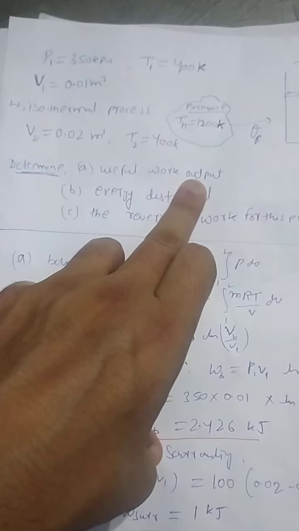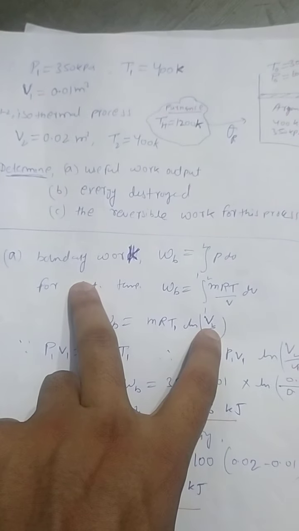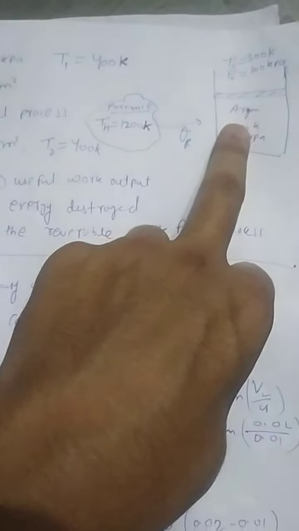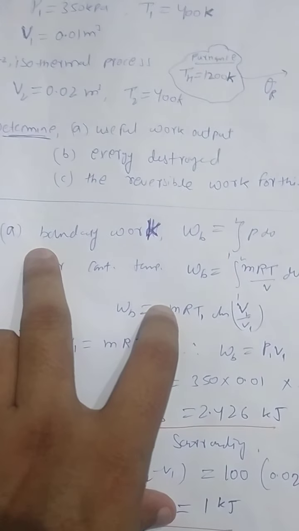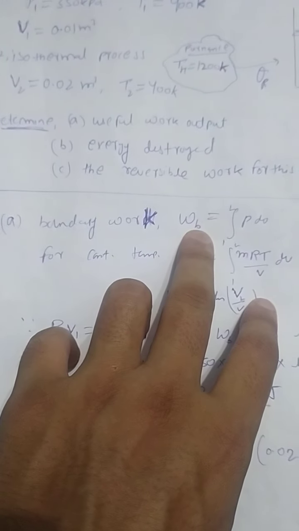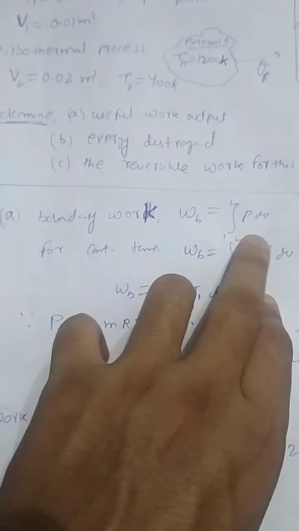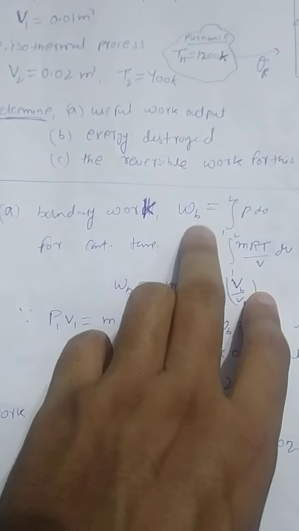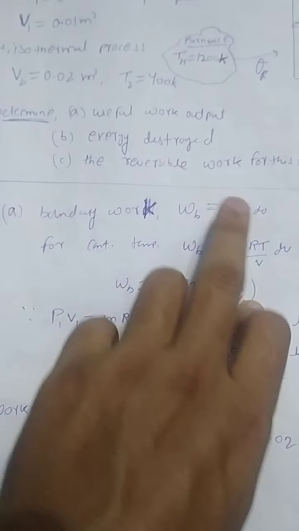So let's do the first question: useful work output. Here this is the piston cylinder device, so a boundary work must be there. The boundary work in a closed system is the integral of PdV from 1 to 2, initial to final.